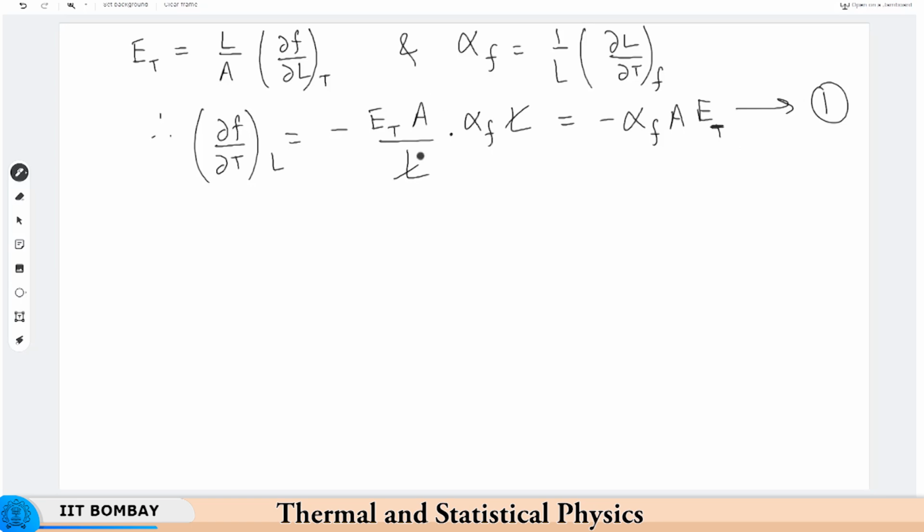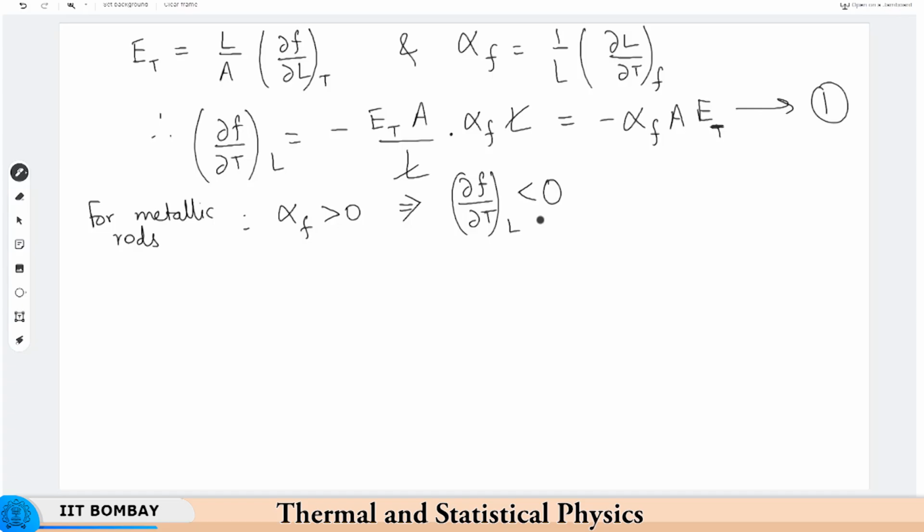So let us try to again visualize this result, right. So, remember I said for metallic rods, if alpha f is positive, that implies del f by del t at constant length is negative, right. And all this means is, now I want you to use your imagination. You are holding a rod by applying a certain force, and you are making sure that the length does not increase.